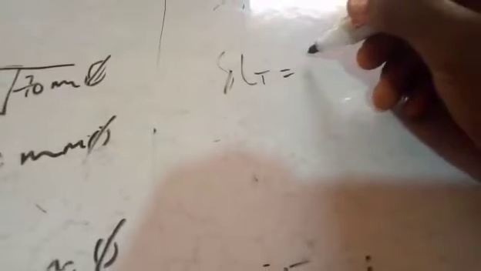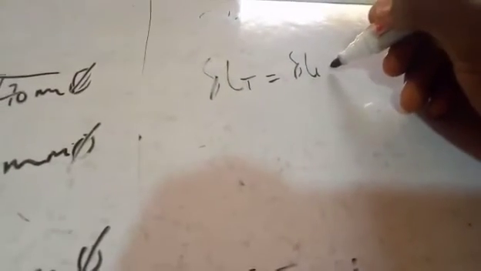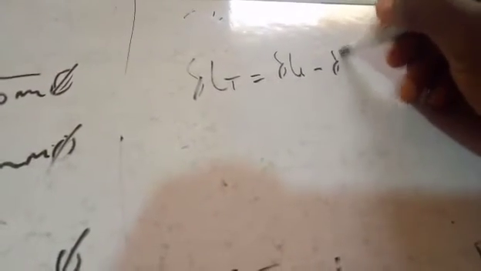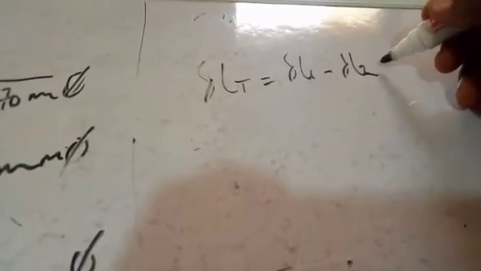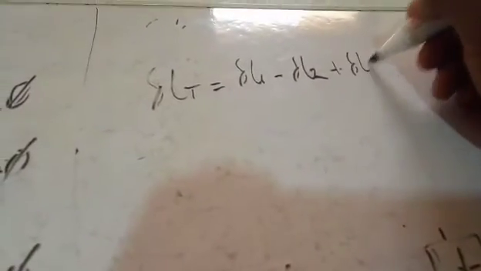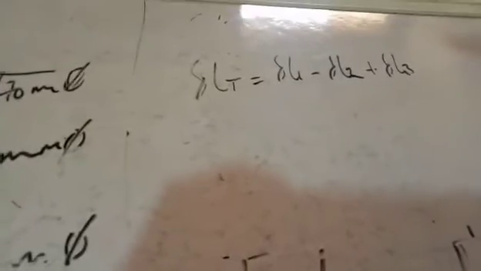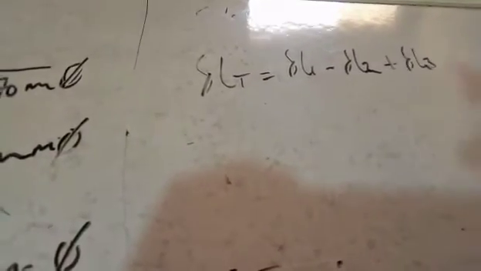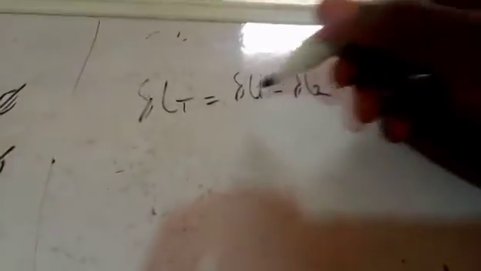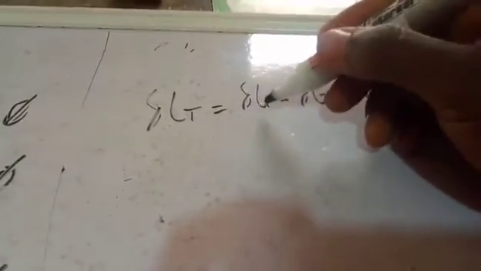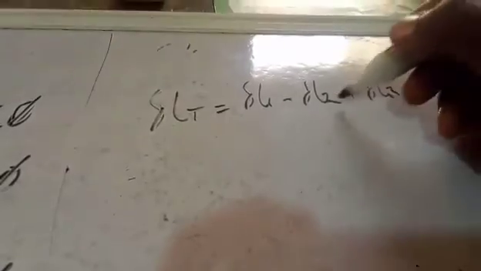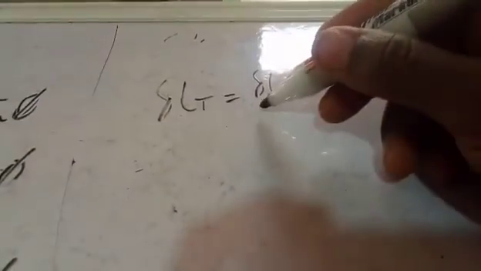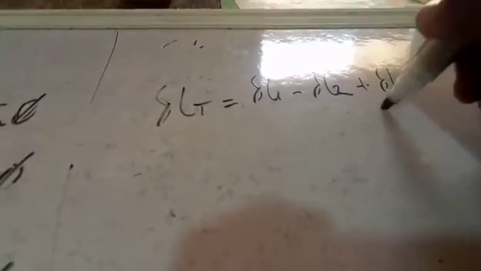Now our change in L, which is the total deformation, is going to amount to change in L1 minus change in L2, I hope you know the reason why there's a minus there, plus change in L3. So you have to get your change in L1, your change in L2, and your change in L3.